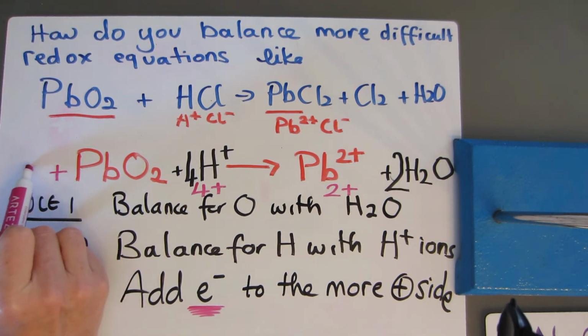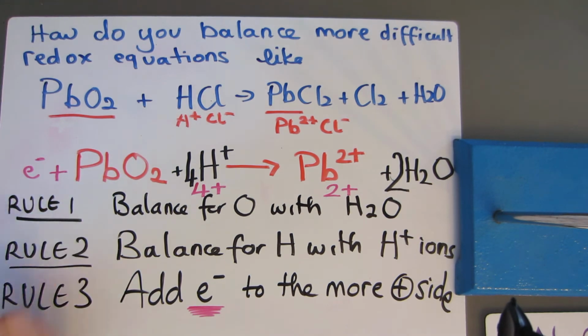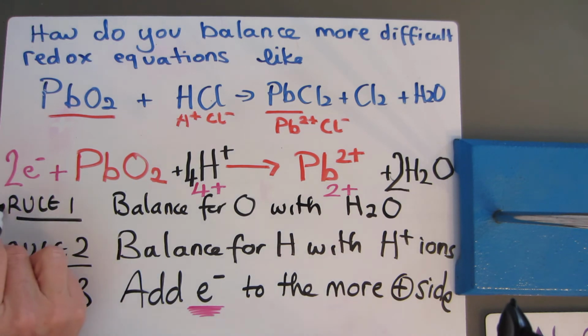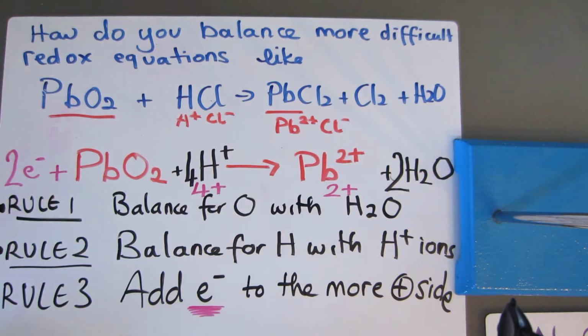I'm going to add electrons over here. 2 electrons. So we've just spent a little bit of time thinking about how to write the first half equation. Okay, only for this, the first half equation. It's really important that you follow the rules. Easy as 1, 2, 3 if you follow the 1, 2, 3 rules.